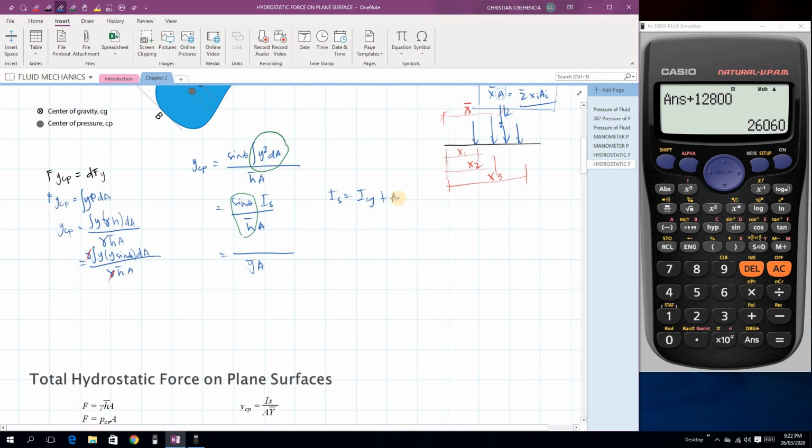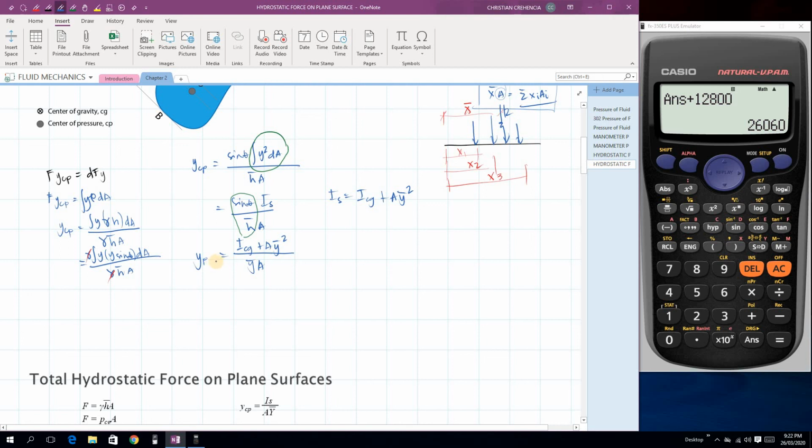So the area, the total area, then what is our distance from the centroid? That is y bar squared. Okay? So we substitute here I_CG plus area times y bar squared. So let's simplify further.